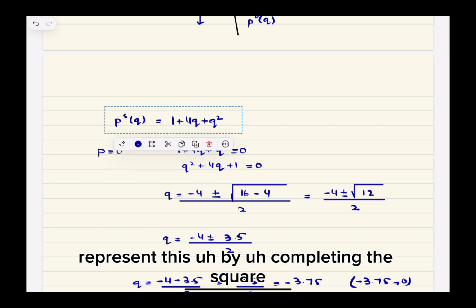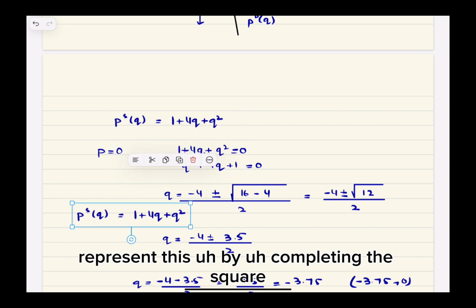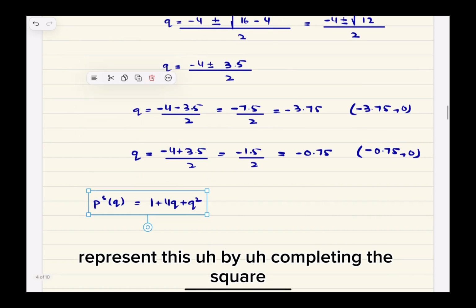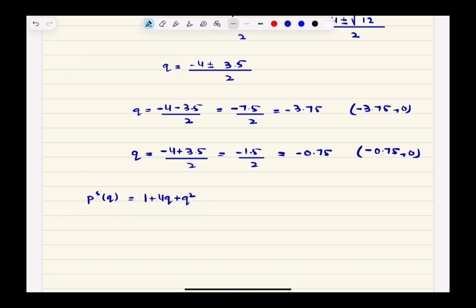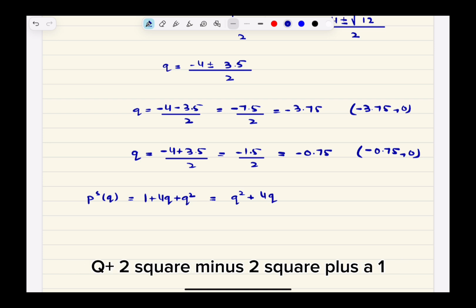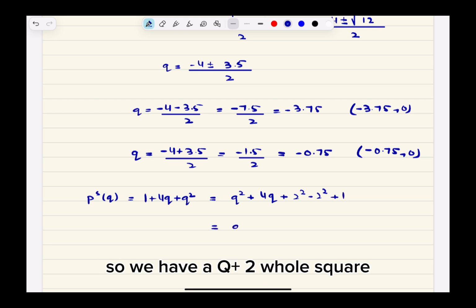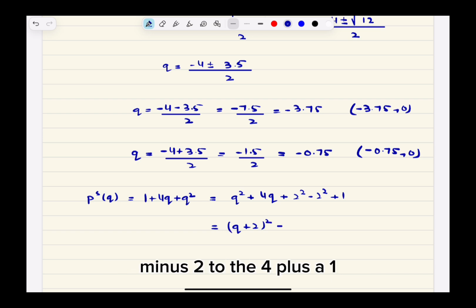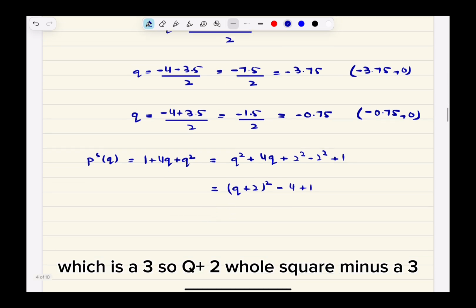represent this by completing the square. So we can write this as q² + 4q + 2² - 2² + 1. So we have (q + 2)² - 4 + 1, which is -3.